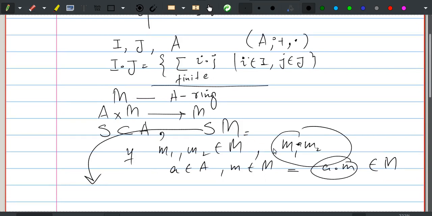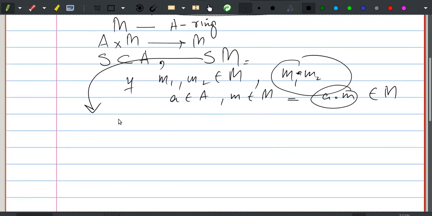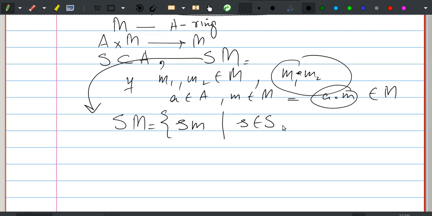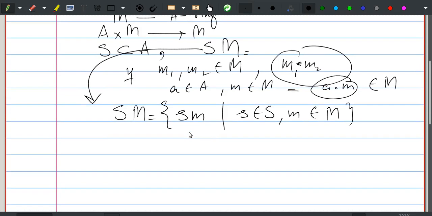First of all, let us define this SM. If we define SM like this, consisting of elements s times m, where s is in S and m is in M, then this set is just a set. It does not have any structure.